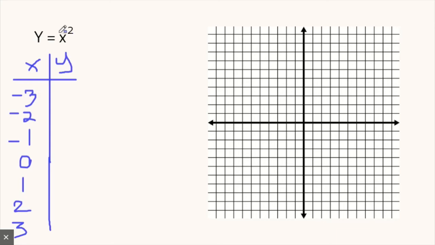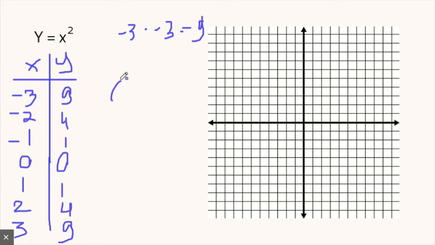At -3, when we plug -3 in for x, we're going to get 9, because -3 times -3 is going to give us 9. When we plug -2 in for x, we're going to get -2 times -2, which is 4. When we plug -1 in, it's going to be 1. When we plug 0 in, it's going to be 0. When we plug 1 in, it's going to be 1 squared, which is 1, 2 squared, which is 4, and 3 squared, which is 9.